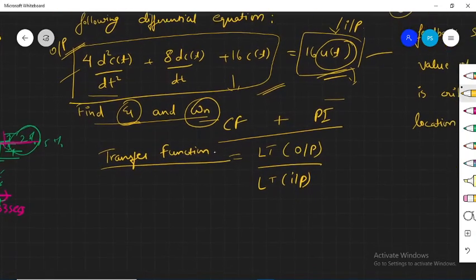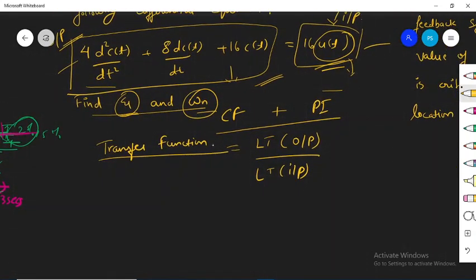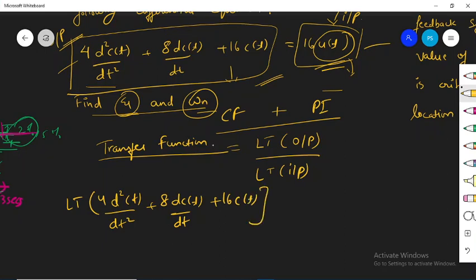The Laplace transform of the output, of 4 d square c(t) by dt square plus 8 dc(t) by dt plus 16 c(t). Also you should remember that the transfer function is valid only when the system has zero initial conditions.